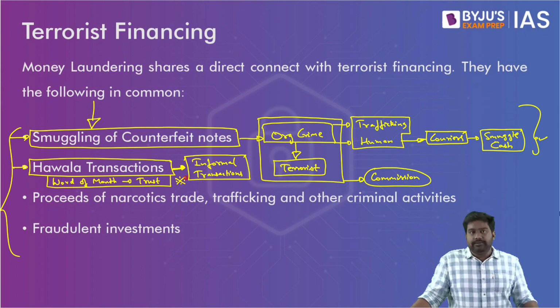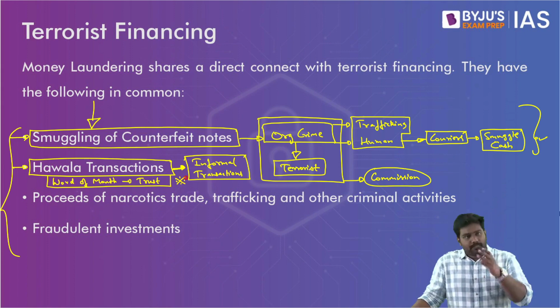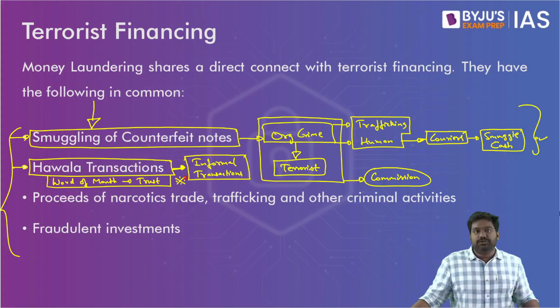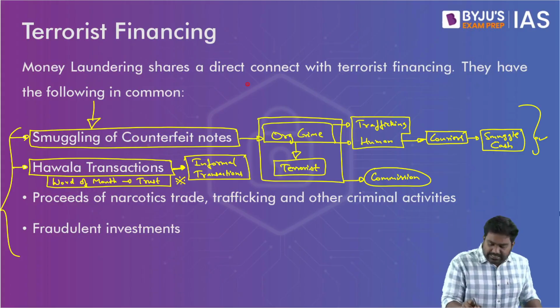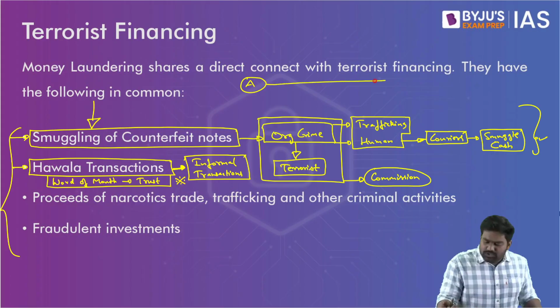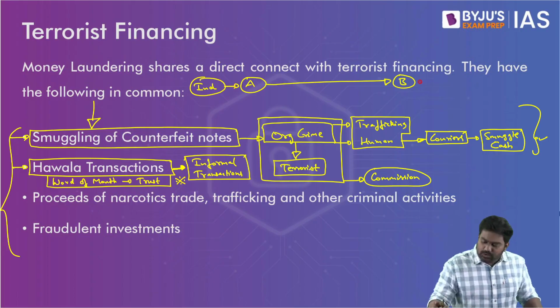So how does it work then? It works only by mouth-to-mouth exchange. Meaning, let's say a person A wants to transfer money to person B from India to the US. I'll just give you a crude, basic example.